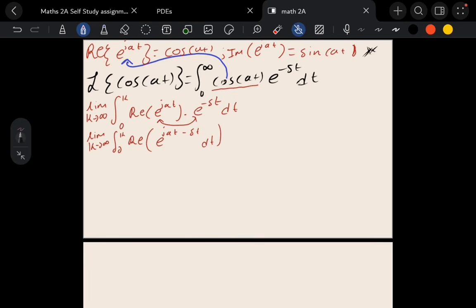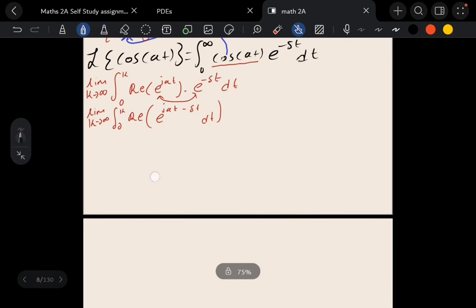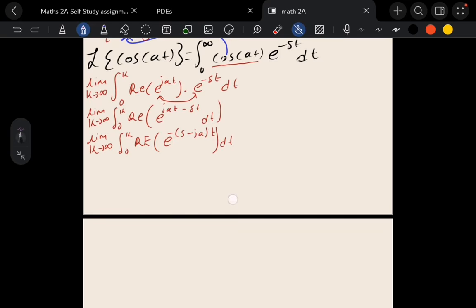By now you know that for this to converge, you need to have an exponent of negative s. So the limit as k approaches infinity of an integral from 0 to k of Re in brackets e to the power negative (s minus ja)t dt. How do we integrate this?